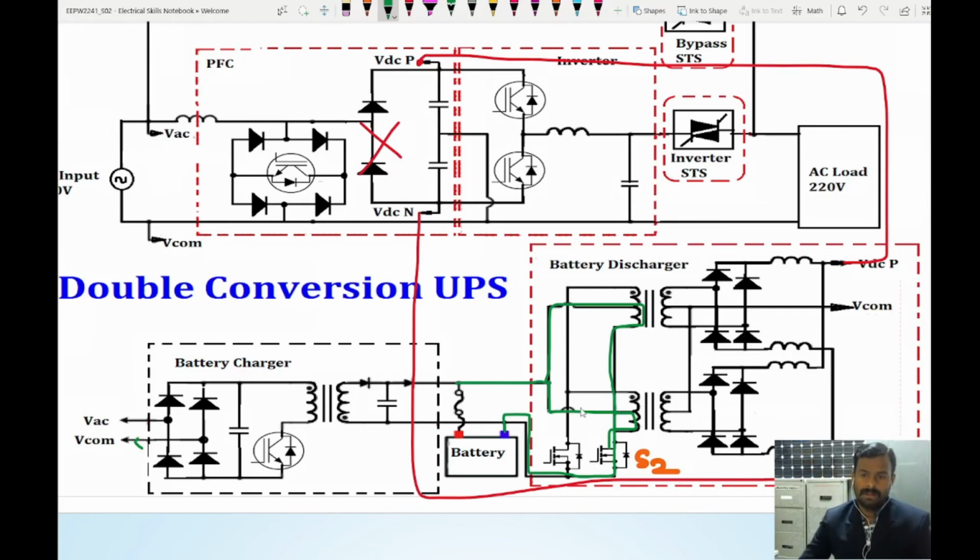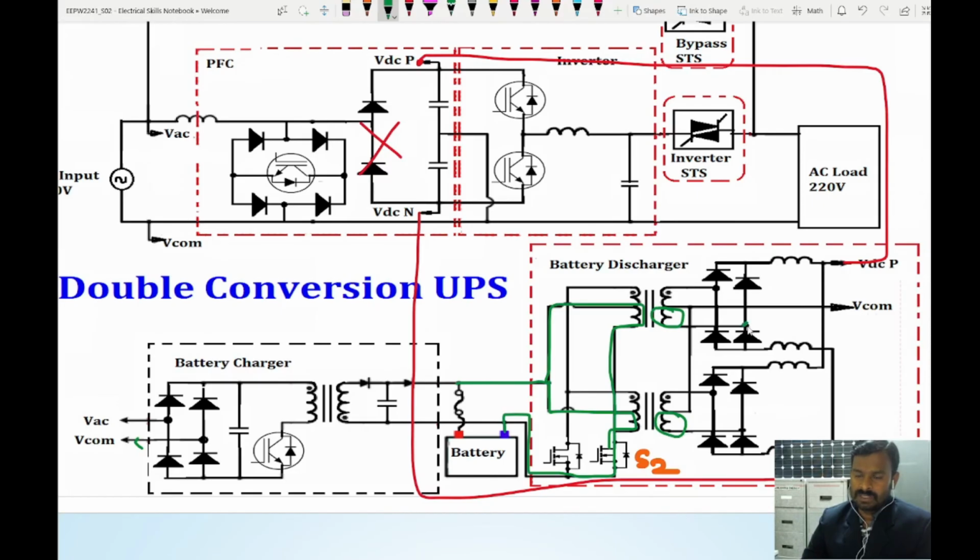Now again this portion of the coil and this portion of the coil is going to induce the voltage, and the respective rectifier or diode unit is going to deliver the power to the DC bus link. Here we can see it is connected.